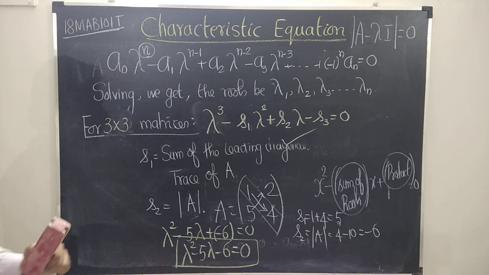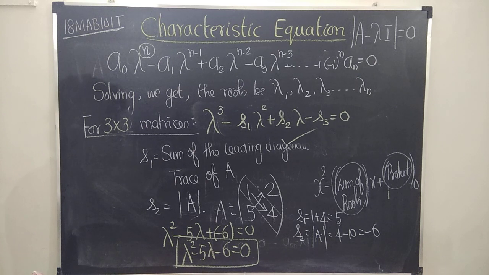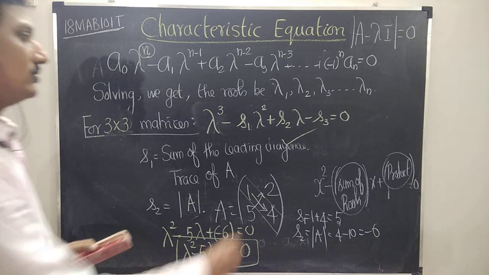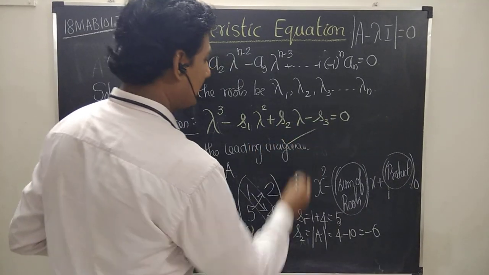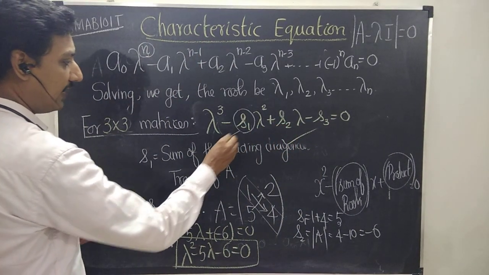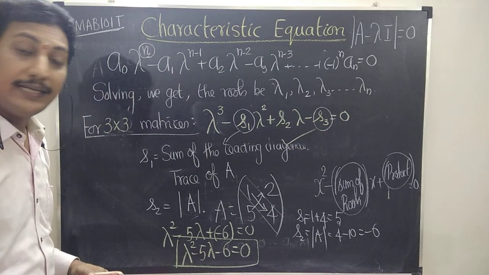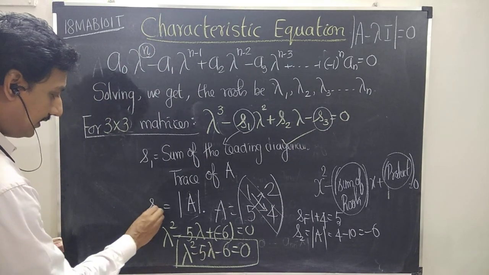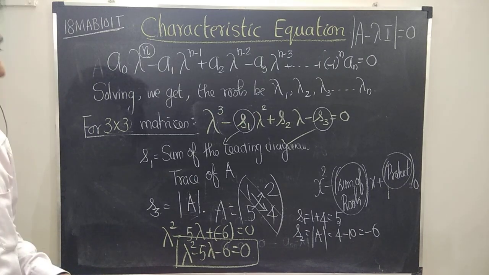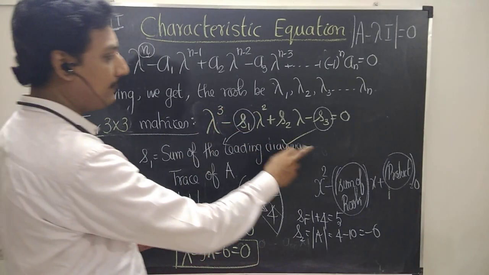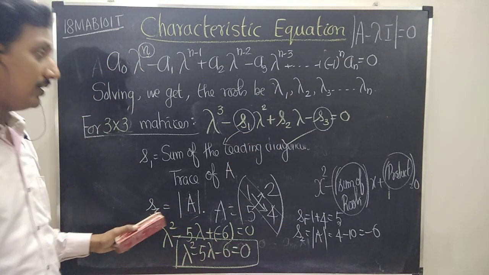It's nothing but the sum of the leading diagonals of A. That is nothing but the trace of A. S3 is the determinant of A. So S1 and S3 are similar. That means S1 is the sum of the leading diagonal elements and S3 is the determinant of A.